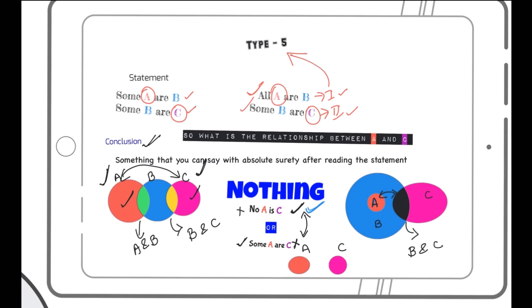So what do you remember about this now? If two quantities are separate and they don't have any relationship between them, so what can I say? Either they will remain separate or they will overlap. But at a time, only one thing will happen. So no A is C, or some A are C. If this is happening, the second can never happen.